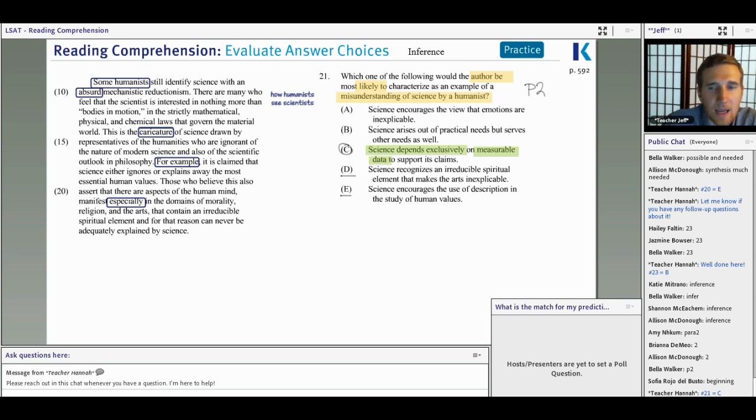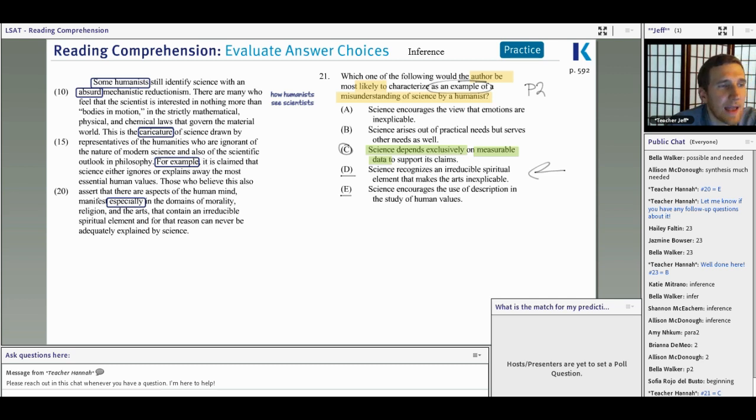Taking a look at D. D says science recognizes an irreducible spiritual element. This is a super tempting answer choice. And there's a reason why a lot of people go to it. Notice question 21 says an example. People see that example, and then they want to go read the example that is here in paragraph 2. But remember, that's not where the author's opinion is.